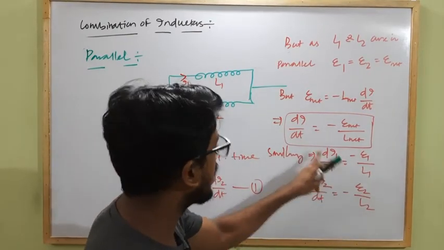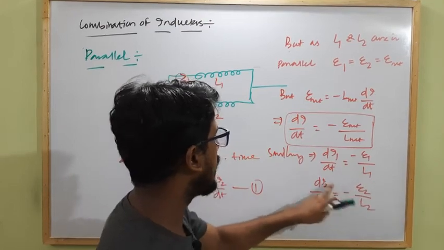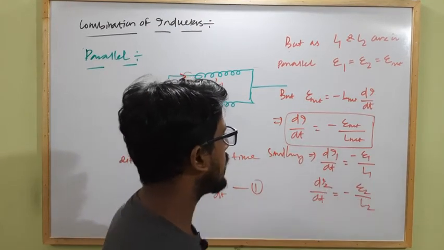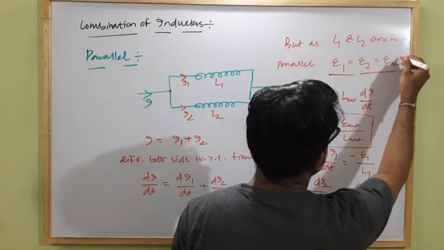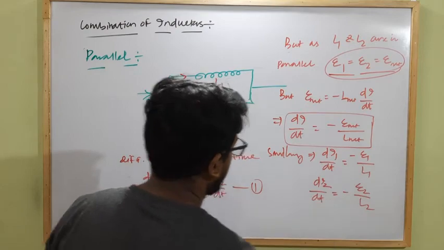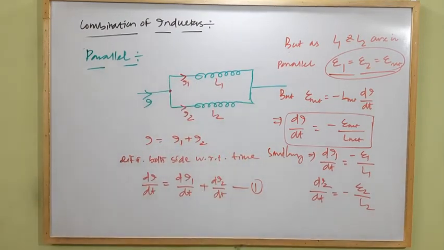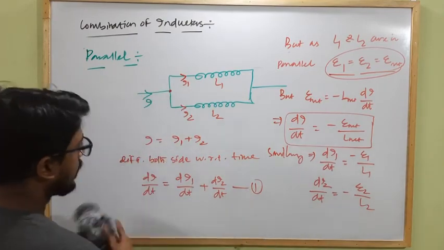Similarly, the rate of change of current I1 in L1 will be E1 by L1 and in L2 will be E2 by L2. But from here we get that E1, E2 are all equal to E net.